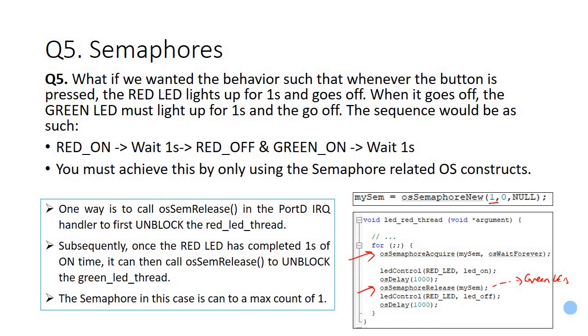If you look at how we are using semaphores, we are using them to perform some form of synchronization between tasks. This is what I explained just now. Even though semaphores are generally used for managing resources, you can also use them to manage the sequence of events, because in a multi-threaded environment, things are very dynamic.